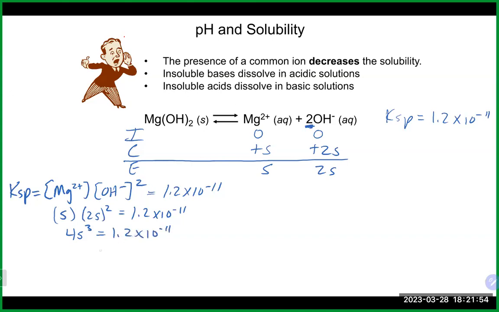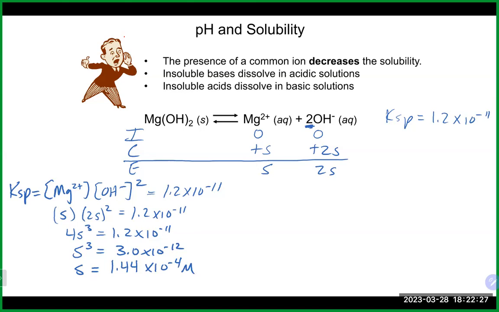Dividing the 4 to the other side and also taking the cube root of it, 1.2 times 10 to the minus 11 divided by 4. Let's do it step by step. That gives us 3 times 10 to the minus 12, taking the cube root, 1 divided by 3. Going to give us a solubility of 1.44 times 10 to the minus 4.